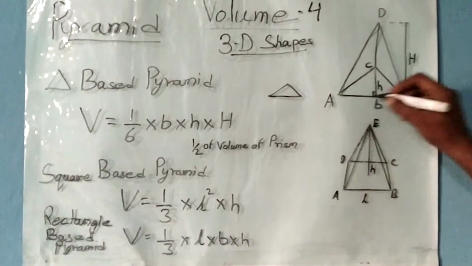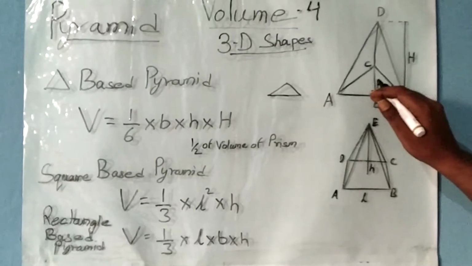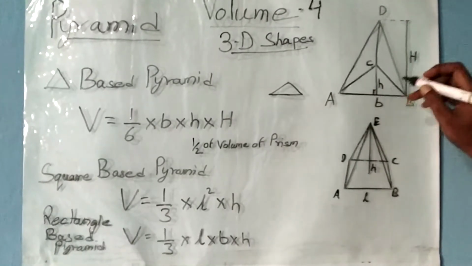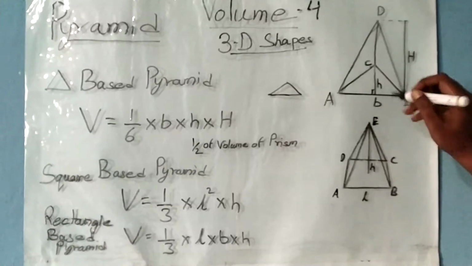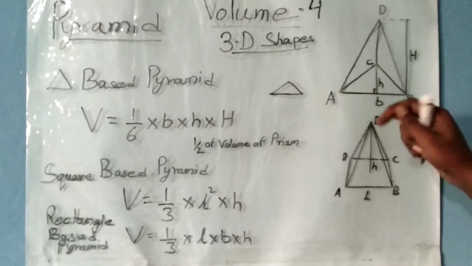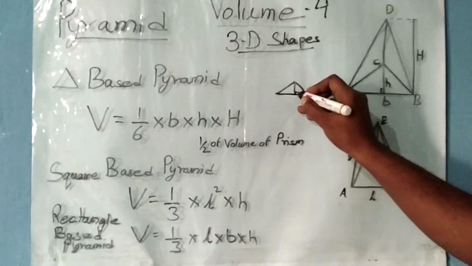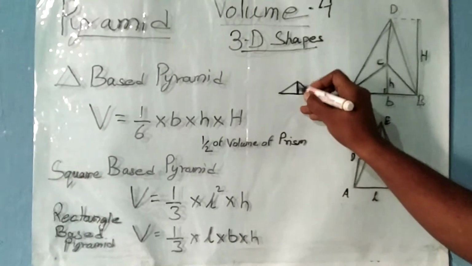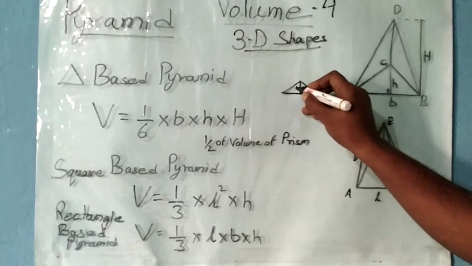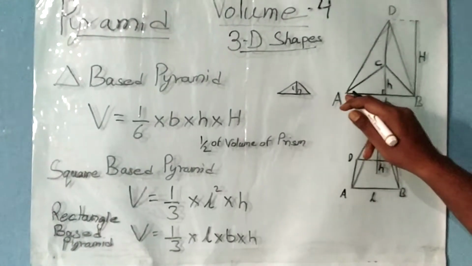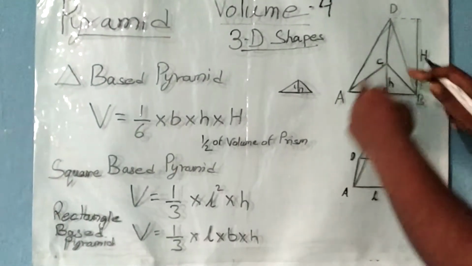Here I have drawn one pyramid. This is a triangle based pyramid, and this small h is the height of this triangle. Suppose this is the base, then this is the height of the triangle. I have taken this as small h, and this is the base of that triangle.